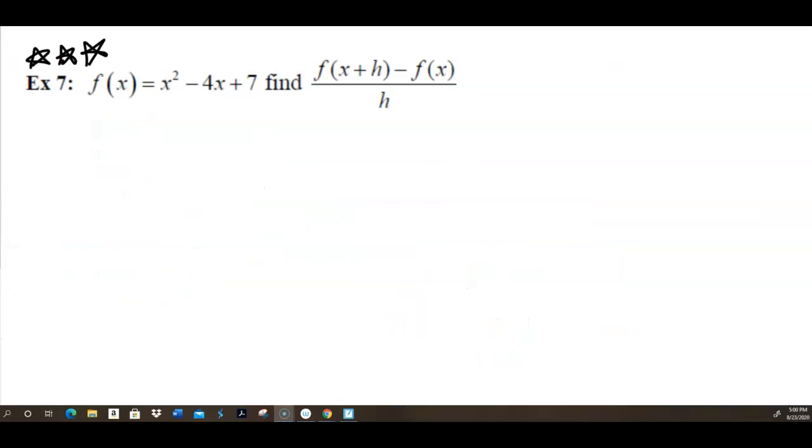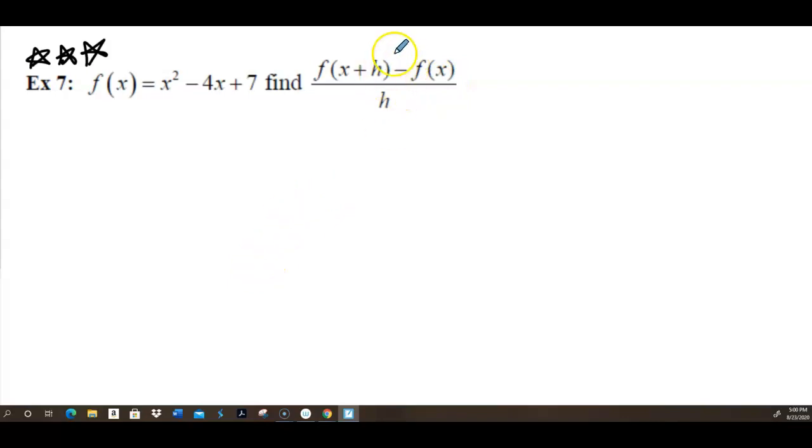Example 7, this is going to be the most important problem of this section. We are going to see this same problem all year long because it's very closely tied to calculus. So looking at example 7, if we have f of x is equal to x squared minus 4x plus 7, we are going to find f of x plus h minus f of x over h.